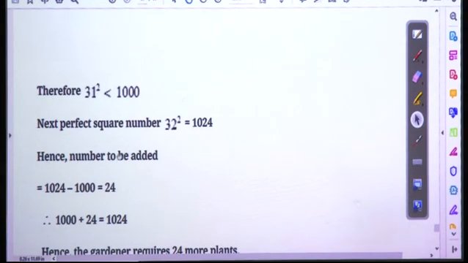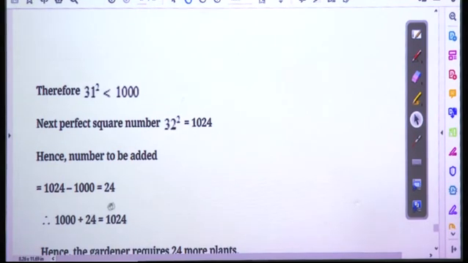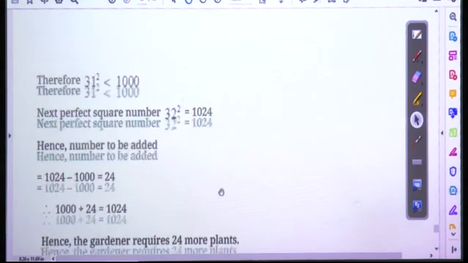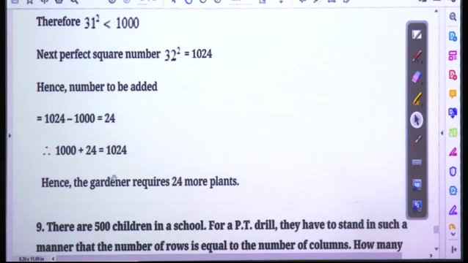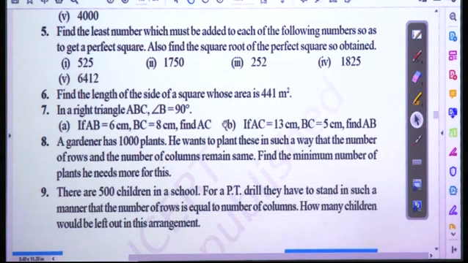Hence, the number to be added is 1024 minus 1000, which is equal to 24. It means 24 should be added to 1000 to make it a perfect square. Hence, the gardener requires 24 more plants.